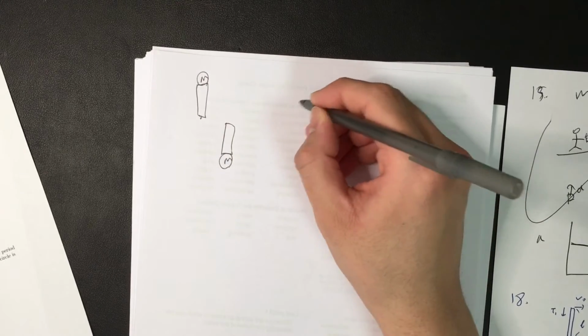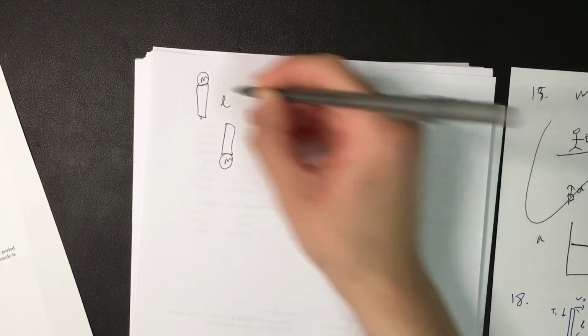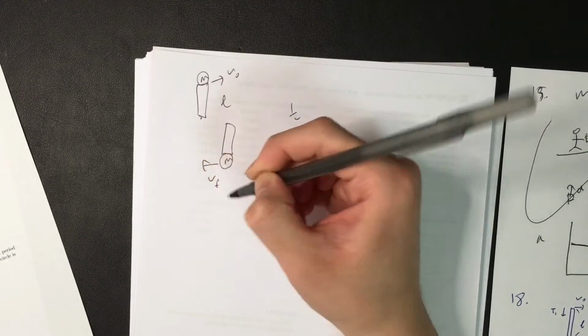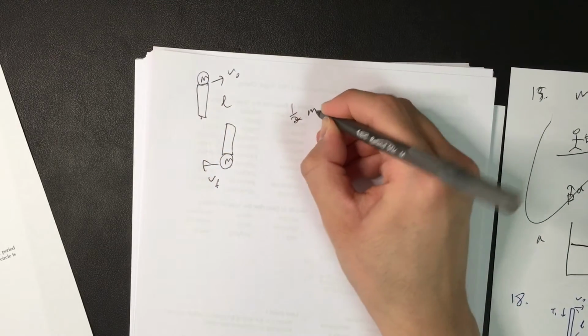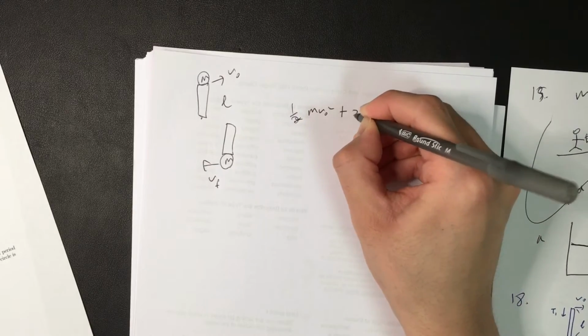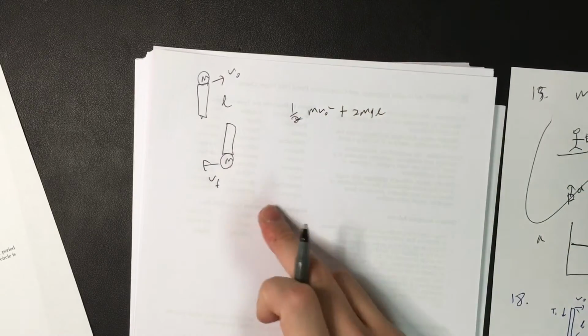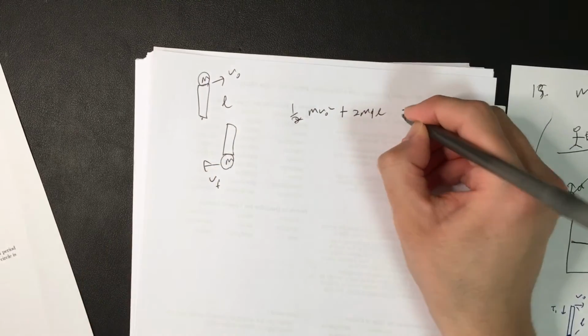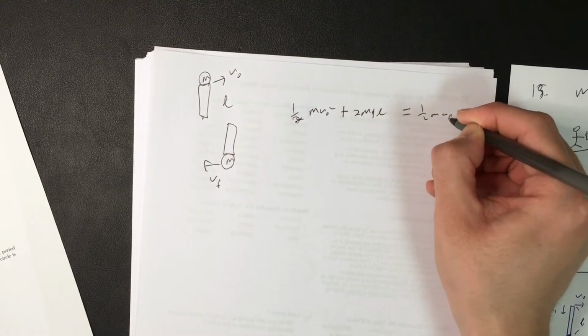Using conservation of energy, if I call this velocity v naught, and this velocity v final, then 1/2 m v naught squared plus 2mgL, since that is the potential energy difference between this state and that state, should equal 1/2 m v final squared.